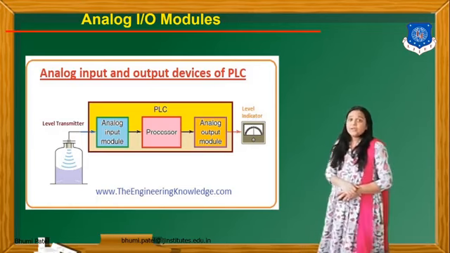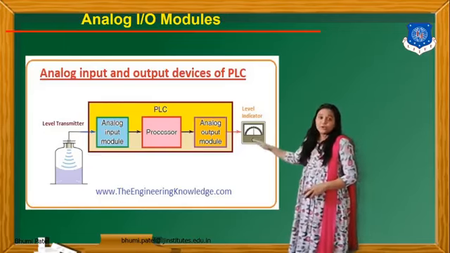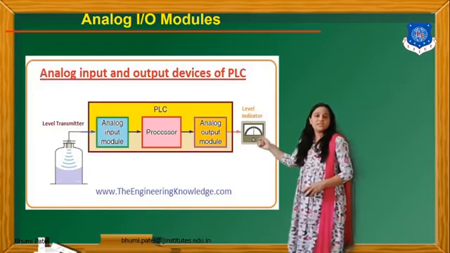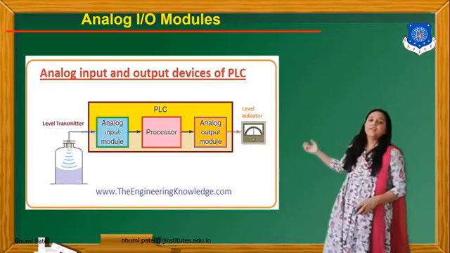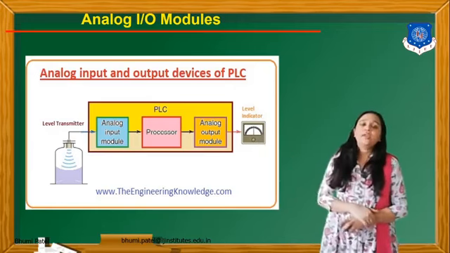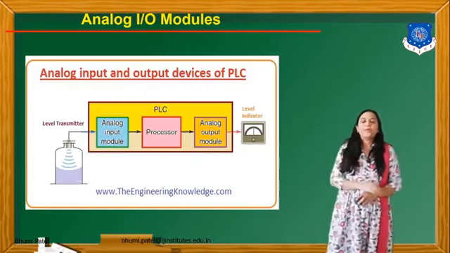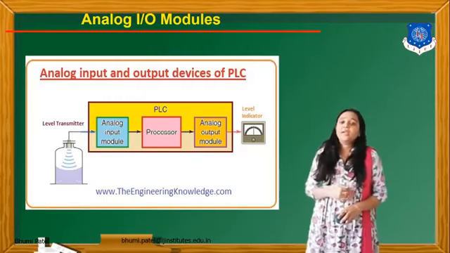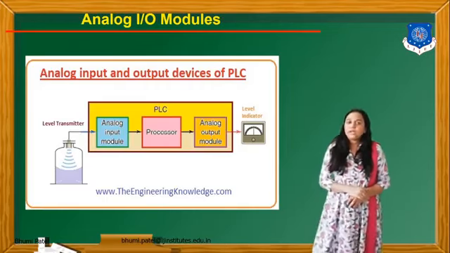Here in the diagram you can see that the level transmitter's signal increases or decreases depending upon the input, and it shows on the level indicator. So the PLC between the analog input and output modules converts the data with an A to D converter and then a D to A converter.